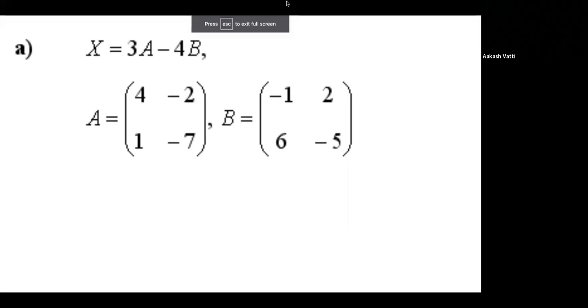I'll give you guys a couple of minutes to do this. I'm not entirely sure if problems like this would appear on the ACT. However, it is good practice for matrices, being able to do multiple different operations with matrices in one equation.